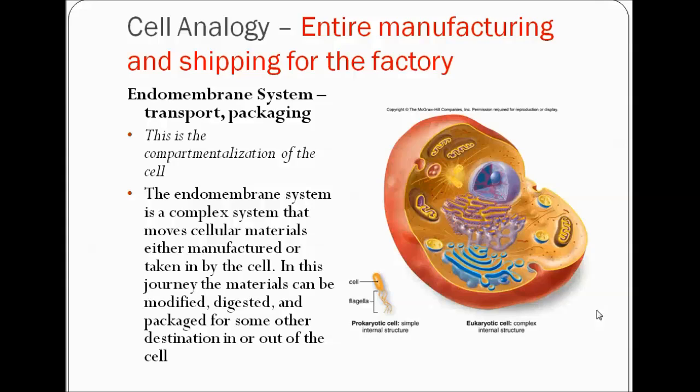Okay, the next step in our cell analogy is the endomembrane system, and that incorporates all of these things here that we'll be talking about in a second. And if you think about it, for your factory, it's the entire manufacturing and shipping for that factory. It makes whatever it's making and it ships it out to wherever it needs to go.